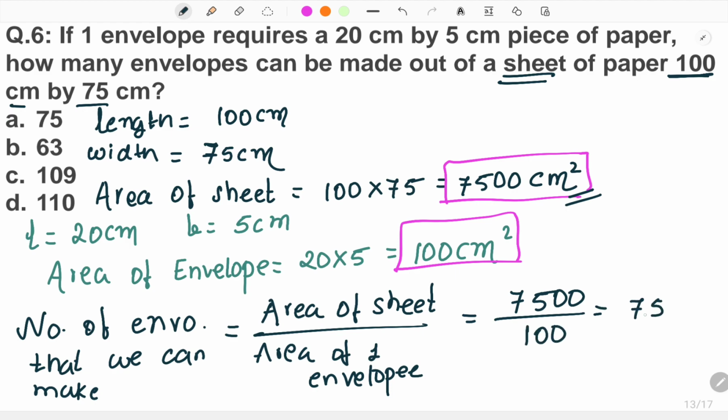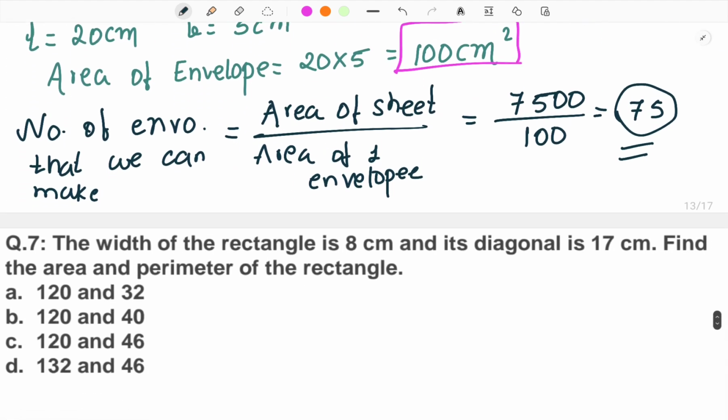It means 75 envelopes can be made out of this complete sheet of 7500 centimeter square area. Okay, moving ahead to next question, students.